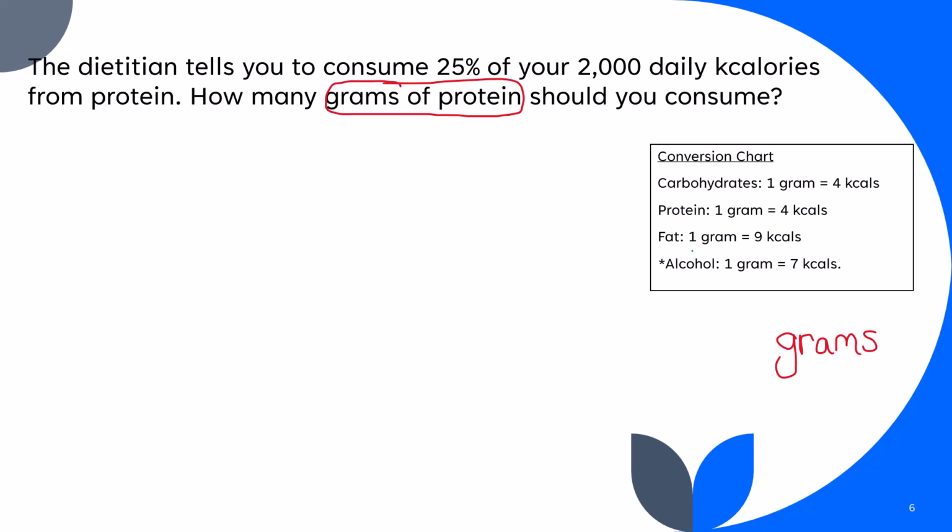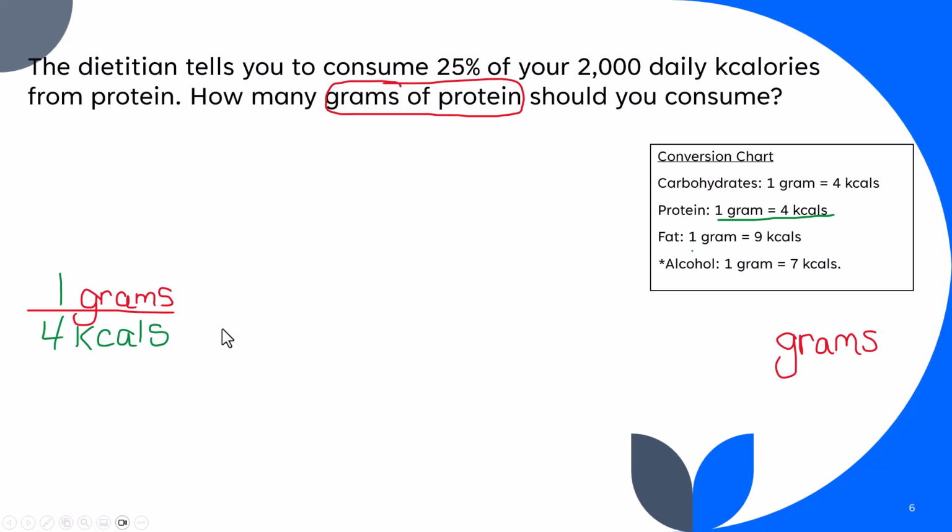So we would write grams as our final unit, and then we also write it as the numerator of the first factor. Now we look to see what factor we can use that involves grams. So we look in our conversion chart and we know we're talking about protein. So we see that 1 gram equals 4 calories. We would write 1 gram over 4 calories.